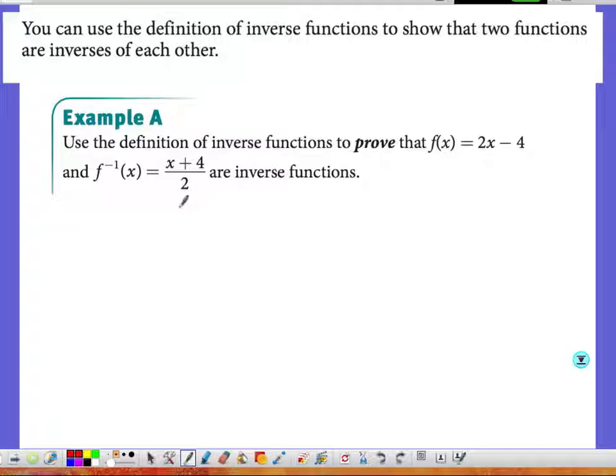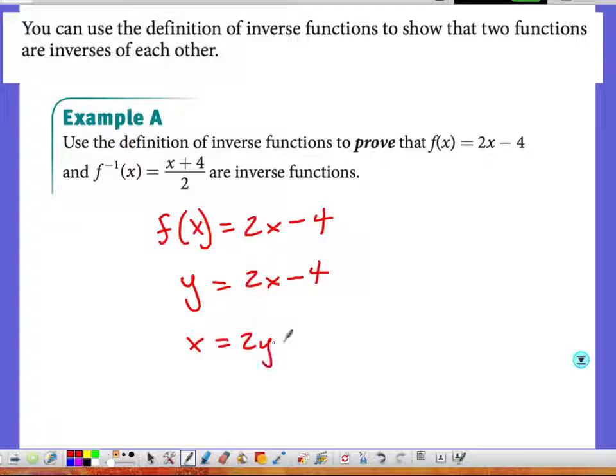6-1, and the way we found the inverse function of f of x is by going through the 4 steps, which I will do really quick. We replace f of x with y, and then we interchange x and y, and we solve for y, which gives us, we add 4 to both sides, so we get y is equal to (x plus 4) divided by 2.